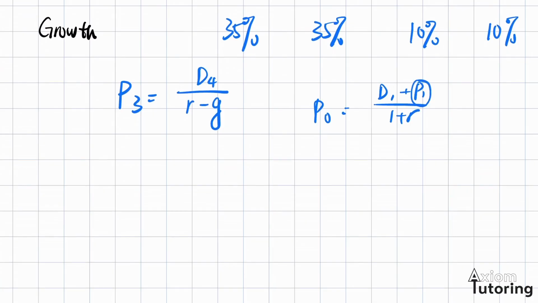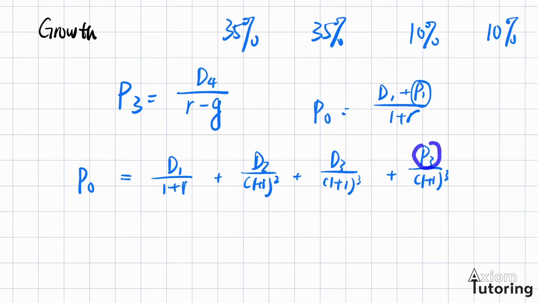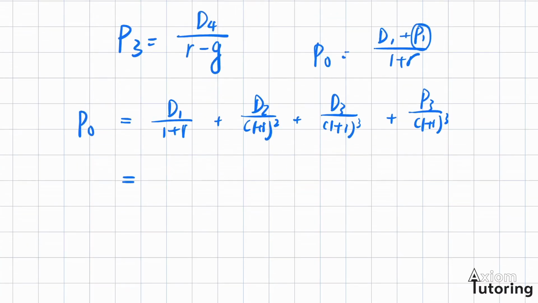So what we're left with is P0 is going to be D1 divided by 1 plus R, and then D2 over 1 plus R to the power of 2, and then D3 over 1 plus R to the power of 3, and then plus P3 divided by 1 plus R to the power of 3. And do we have P3 here? Yes, we do. We have P3 expressed by D4 over R minus G.